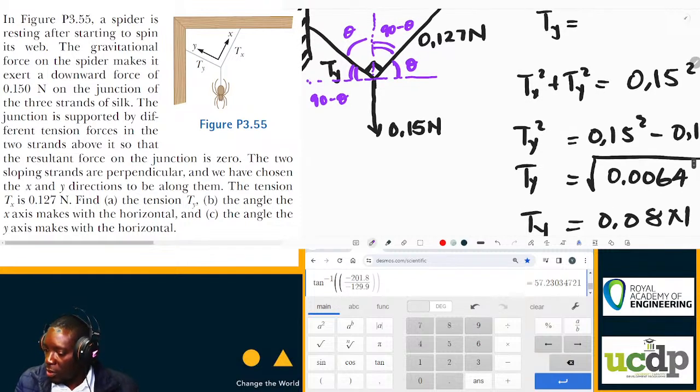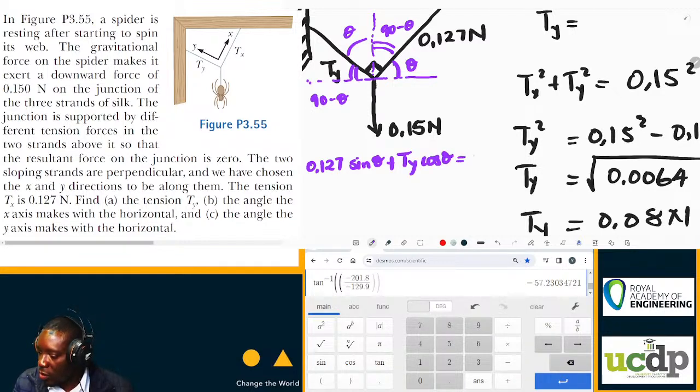So what that means is we have 0.127 sine theta upward, plus Ty cos theta upward, should be equal to 0.15.